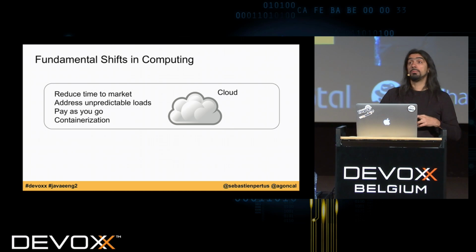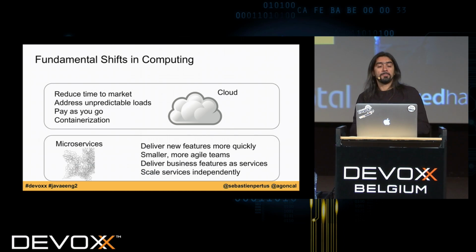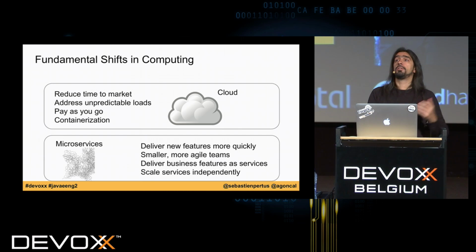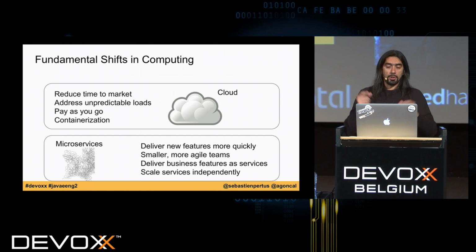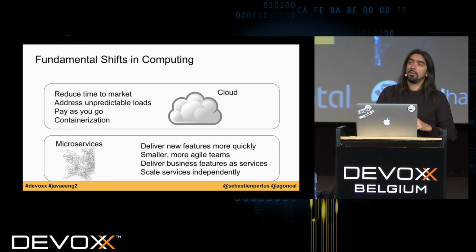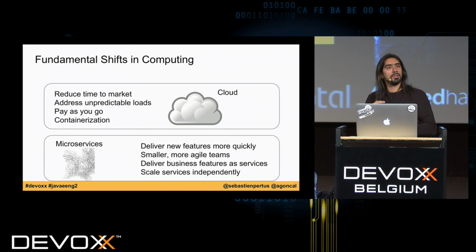So what can we do to shrink that? That's when also all the movement of the microservices came. Make things smaller, of course, to deliver them quickly, etc., but also to consume less.